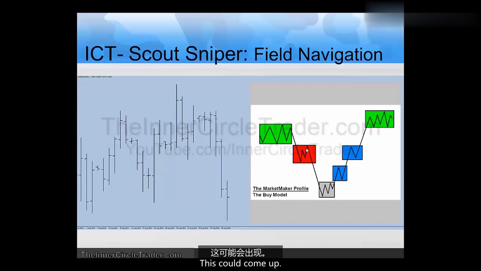This could come up a little bit higher into the range, from this high to this low, and give you some kind of a 62 to 79% retracement level. Not necessary, but there are other factors you could hunt in here to set up a scenario to sell short if you want to participate in the first leg going lower.